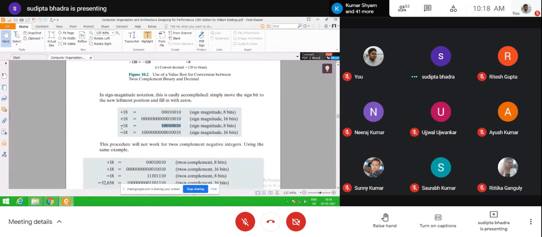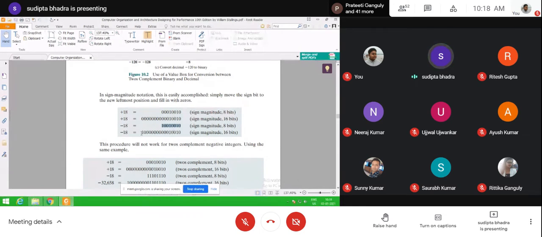Now here, if we have to store this 8 bit into a 16 bit word, where the word size is 16, then we can easily store the sign magnitude in this way: we store the 0 to 6 bits the same as the previous one, and put the sign bit at the 15th bit position.